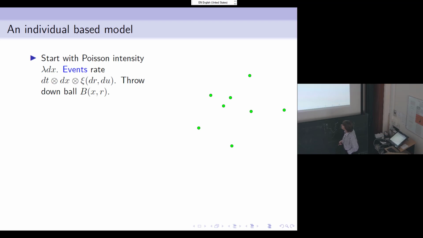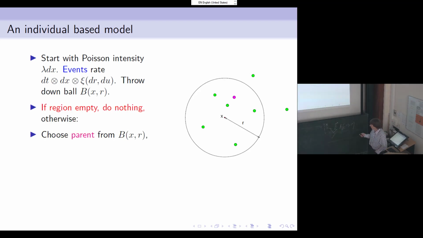That number u is a probability, and it sits between 0 and 1. What does it tell me when I get to such an event? Well, when such an event falls, I'm throwing a ball down on the plane, with centre x and radius r. If there aren't any individuals living there, I just forget it, I don't do anything. But if there is an individual living there, I choose a parent uniformly at random. So I've stained this one magenta.